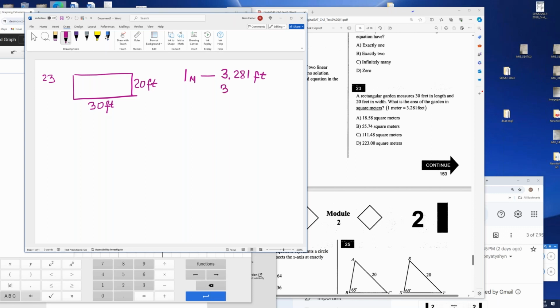So make a proportion: 30 feet and the length in meters, or x, whatever you like.